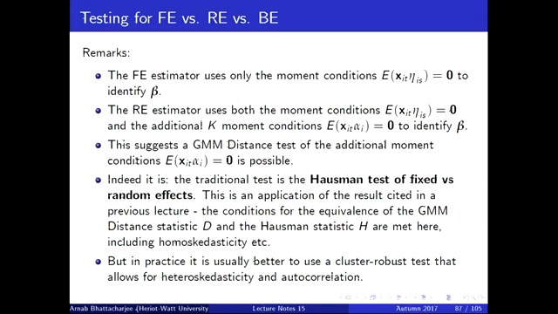And the other one was x_it, alpha_i is equal to 0, right? So these were the within moment conditions or fixed effects moment conditions, all right? And let us call this the random effects moment conditions.